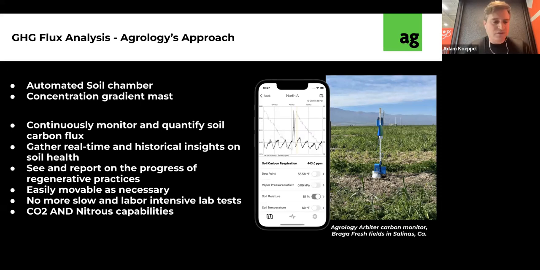So for example, if you are a tractor operator tilling a field between vegetable plantings, you can pull this device out as you approach it and reinstall it behind the tractor's implement in just a couple of minutes with minimal disruption. There's no labor beyond the installation and movement of the device. And then finally, it is a multi-greenhouse gas capable device.